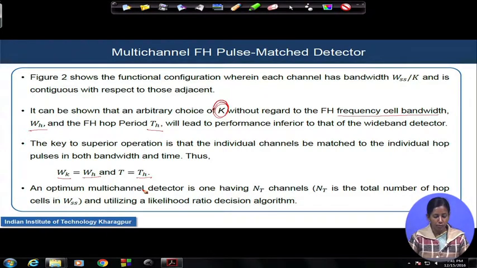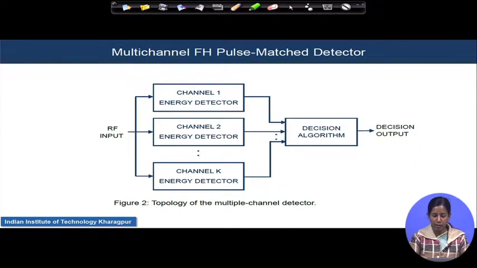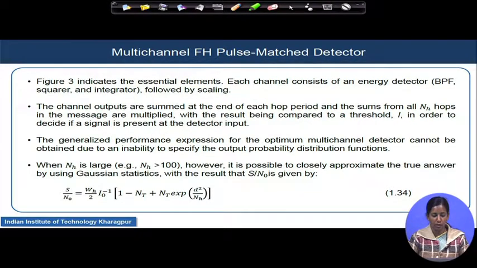Finally, an optimum multi-channel detector will have NT channels, where NT is the total number of hopping cells in WSS, and it will utilize the likelihood ratio decision algorithm inside the decision block that we have seen earlier. So the likelihood estimator based decision algorithm gives you the final decision for such a circuit.